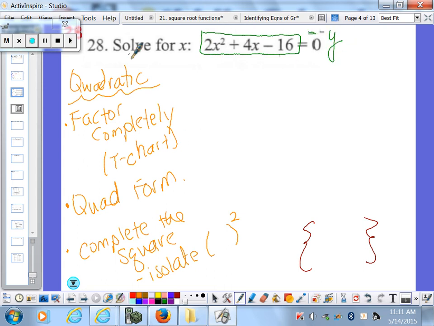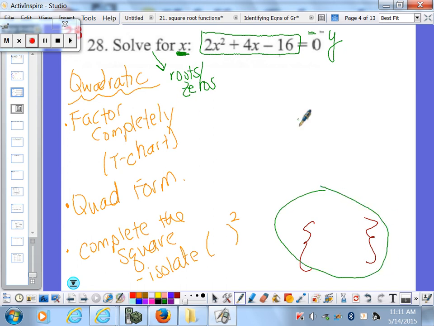Okay, when you plug this in, remember when it says solve for x, when you're finding the solutions, that also means that you are finding the roots or the zeros. So when you plug it into your calculator, make sure your solutions that you have down here are your roots that you should spot on your graph or in your table. Go ahead.